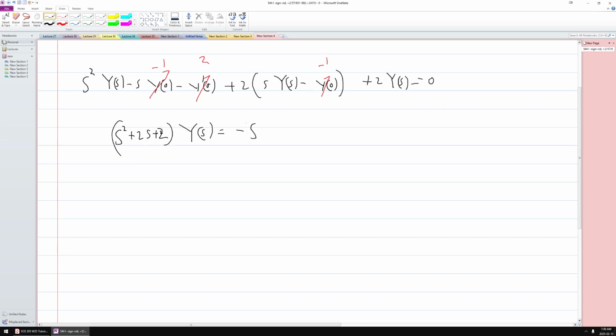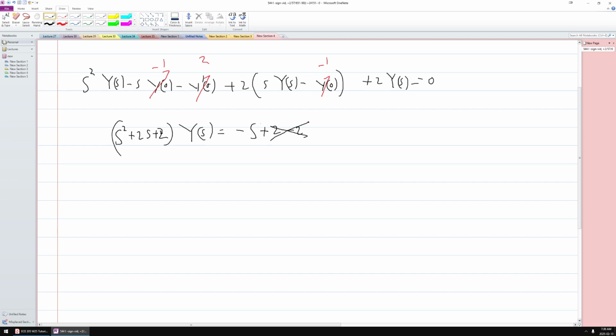Here I get a minus 2, so a plus 2. Here I have a minus, so this gives me minus minus, so a 2. This guy canceled, these two cancel. So then I get a minus 2 here. These cancel. So I just get the minus s.